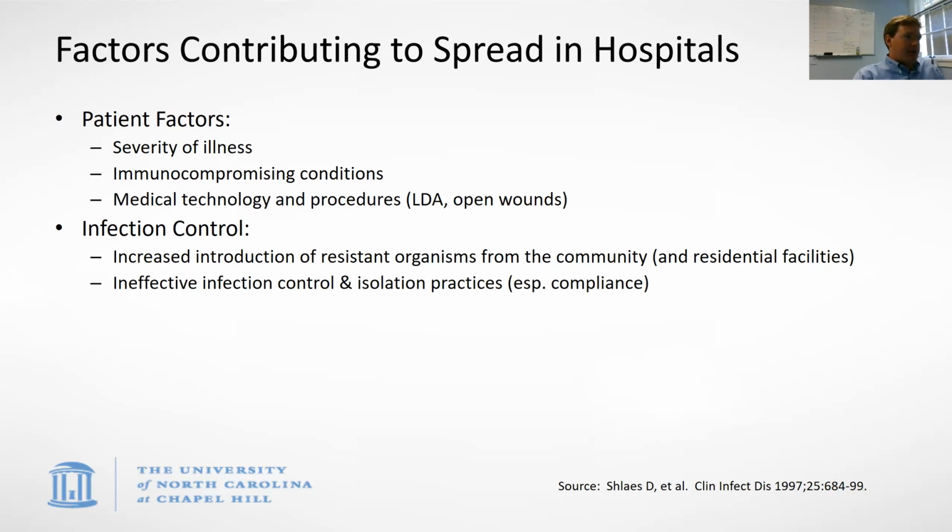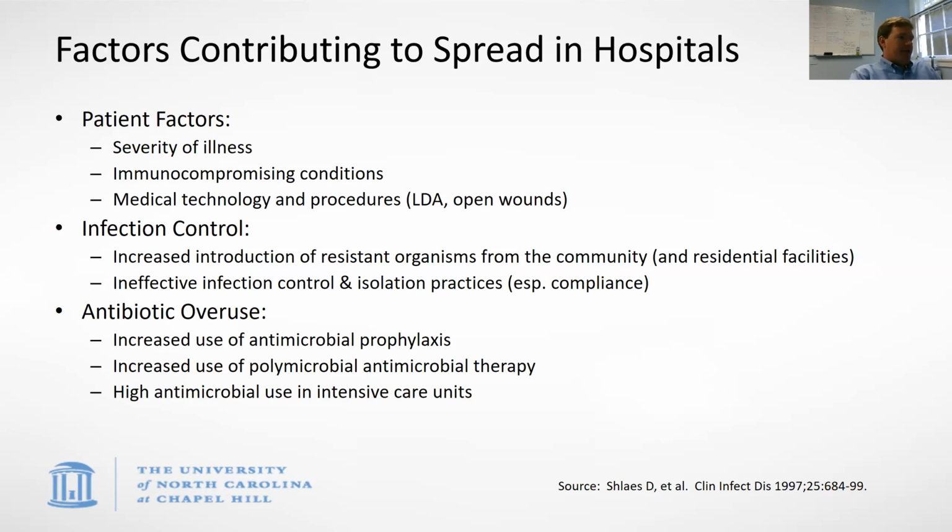Infection control is a factor. I guess it's not fair to call it a factor contributing to spread in hospitals, but affecting the spread in hospitals. We do see increased introduction of resistant organisms from the community and residential facilities. And if you have ineffective infection control and isolation practices, particularly compliance, that could contribute to the spread in hospitals.